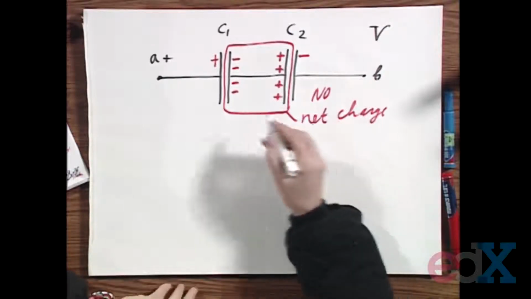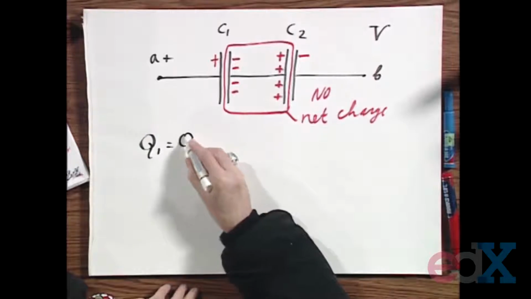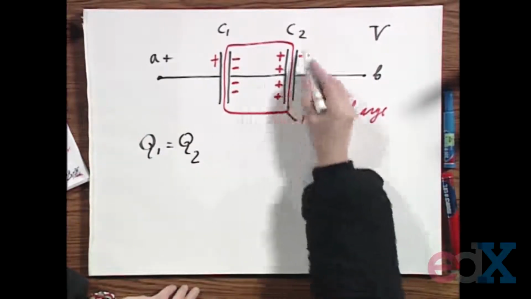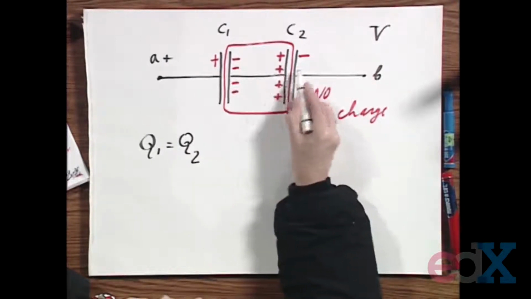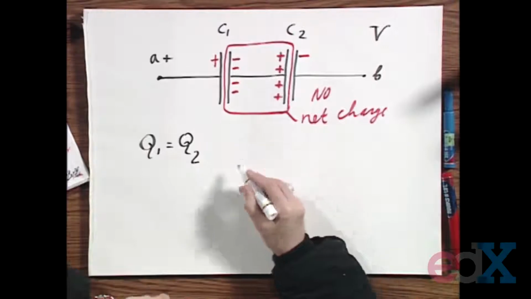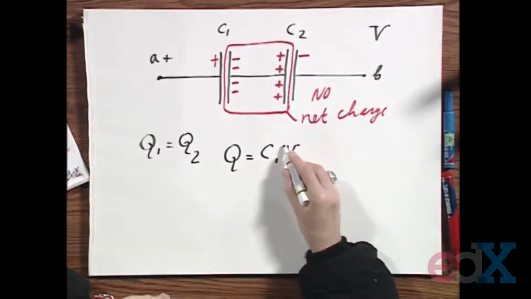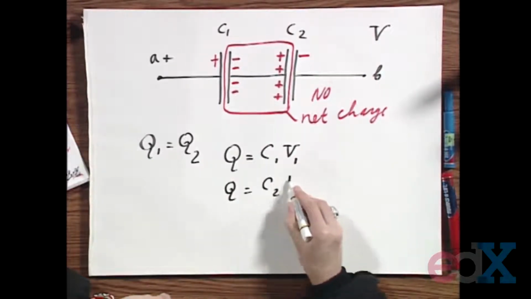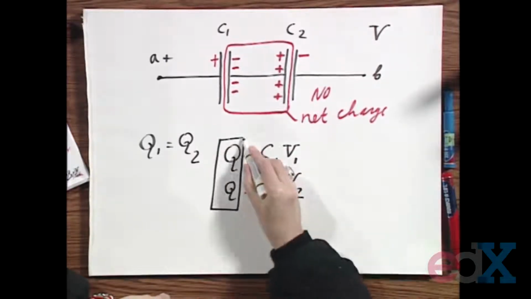Therefore, Q1 equals Q2. The charge on here is the same as the charge on there, because charge left is charge right. So now we have Q equals C1 times V1, and we have Q equals C2 times V2, and now these two Q's are the same.